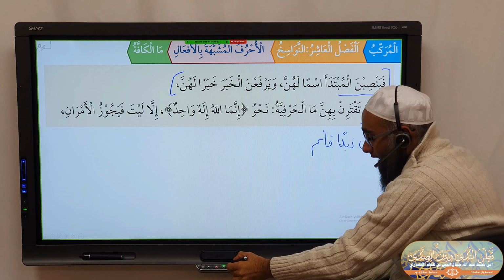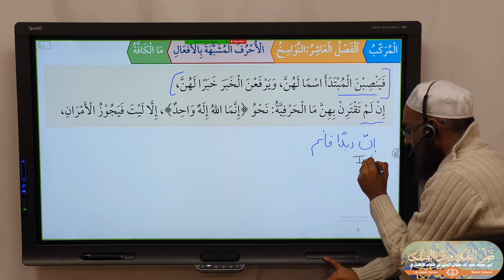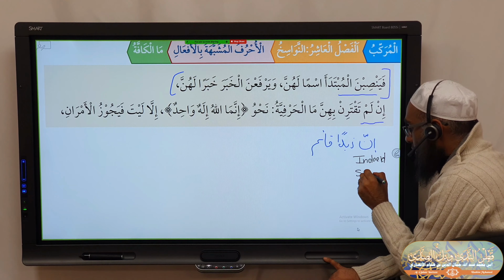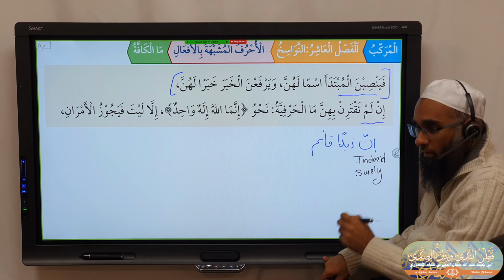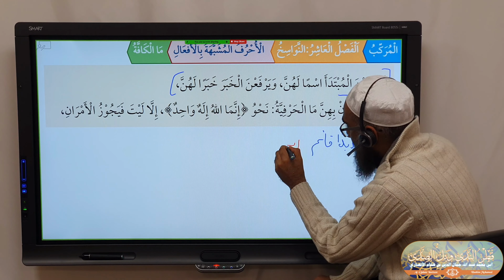If I add ma, so inna means what? Indeed, or surely. Correct? But if I say innama, now what happens? It has a slight difference.